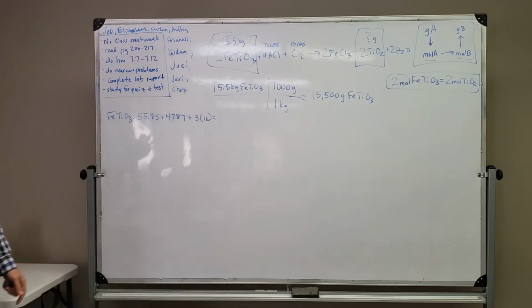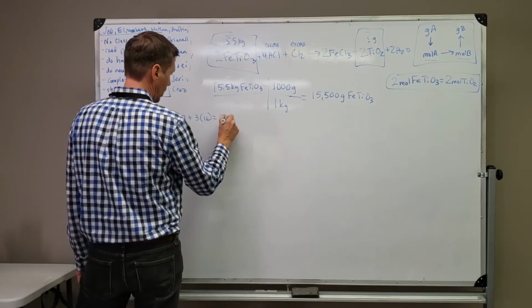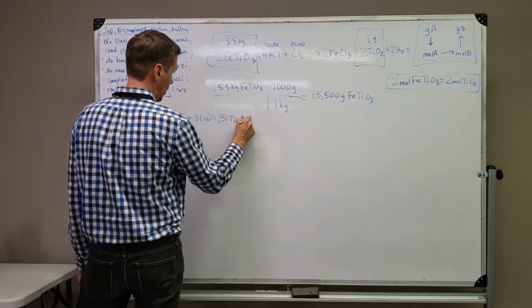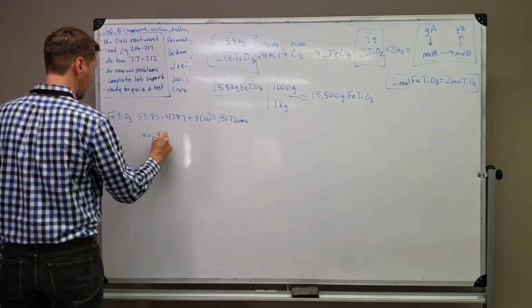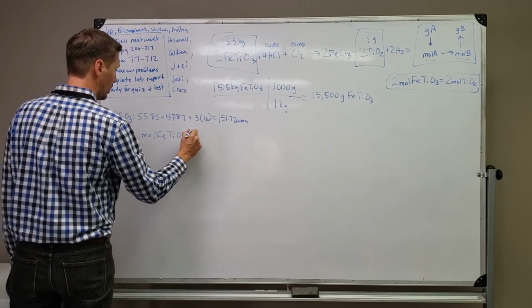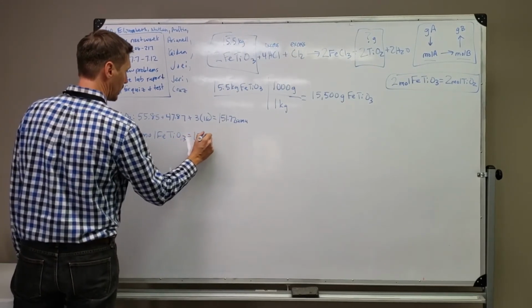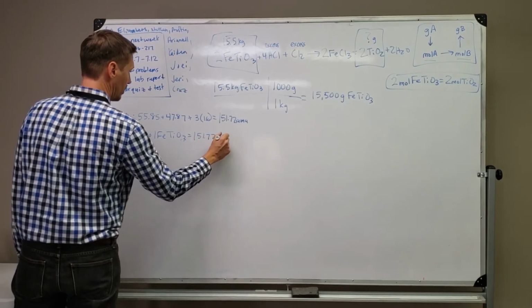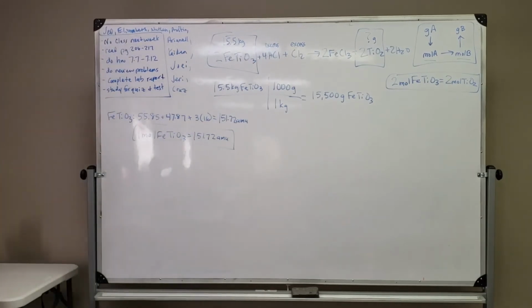When we multiply and add everything up here, we get 151.72 AMU. And so our molar mass, the mass of 1 mole of FeTiO3, is equal to 151.72 AMU. So there's another conversion relationship we're going to need.